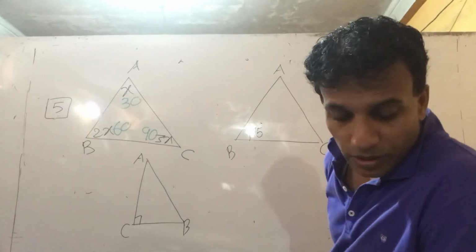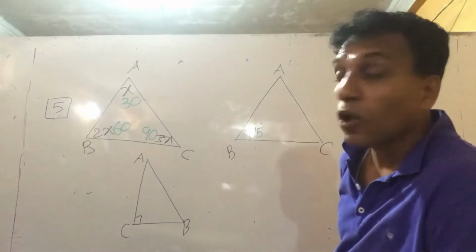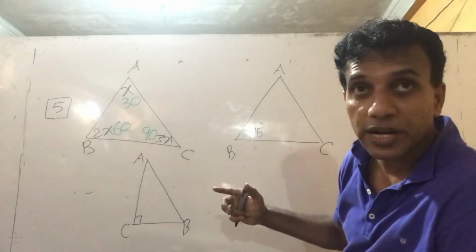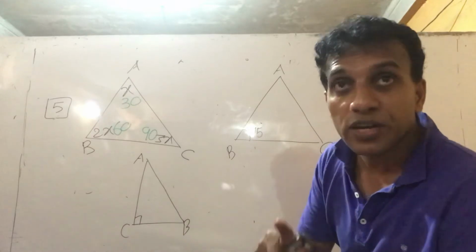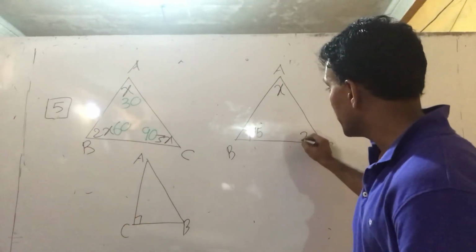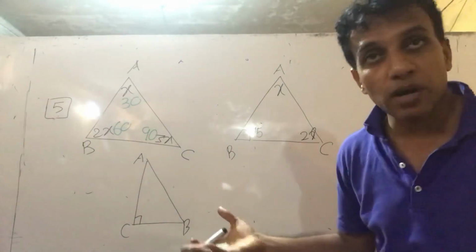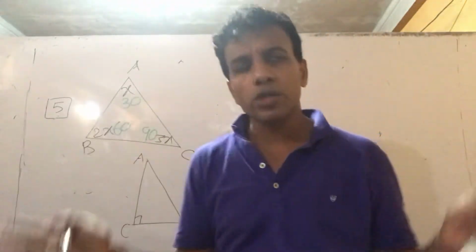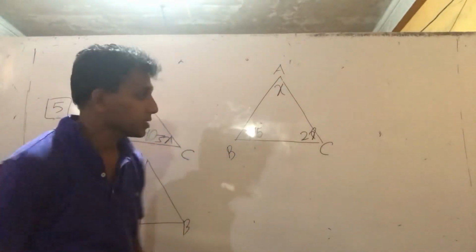The ratio of the magnitude of the remaining two angles. What is the ratio? 1:2. So if I say 1x, here 2x. Okay. So find the remaining angle. Take all three, added to 180, and find the answer.